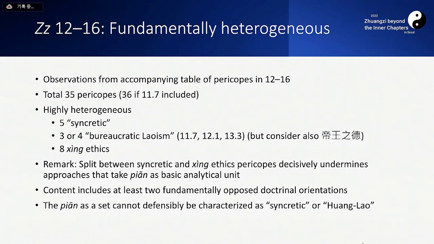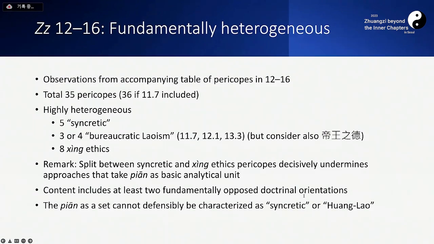Graham was also obviously right to notice that section 1215 is what he called primitivist, insofar as his use of that term generally identifies texts that fall within the discourse of Xing ethics. In fact, of the 35 pericopes in 12 through 16, 8 of them can be classified as part of the Xing ethics discourse.